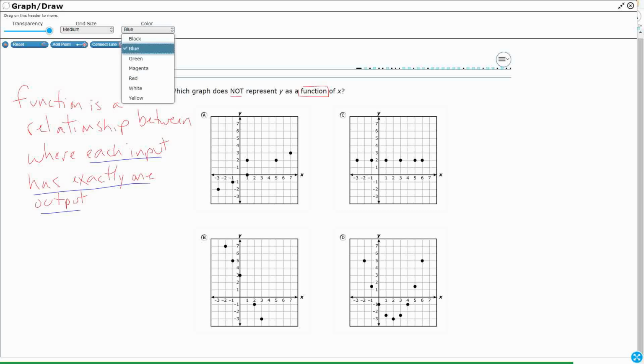Now, when we're talking input and output, what we're talking about here are the independent variables and then the dependent variables.